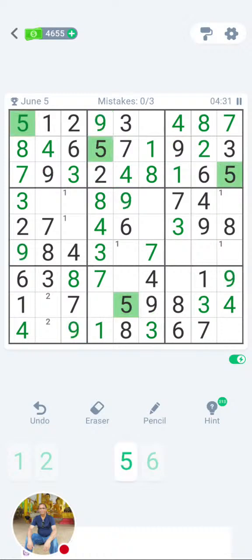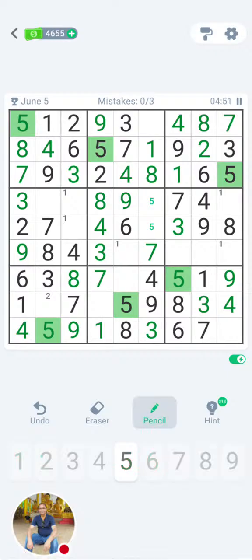And let's see, 5 now. 5 will come here, and 5 will go there.